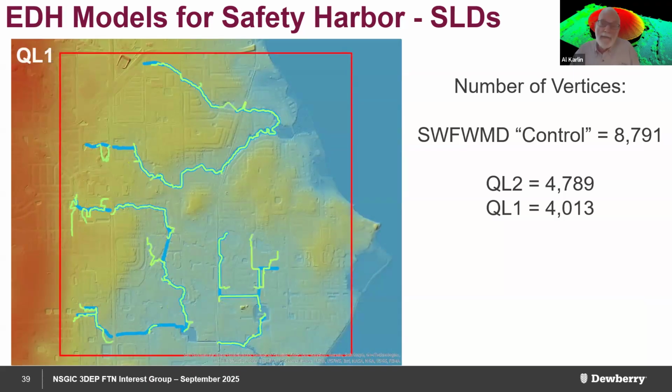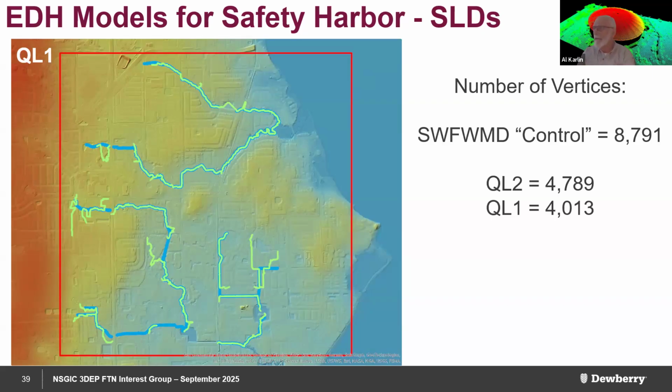You can see that the geometry is pretty similar. When I looked at the number of vertices in my control, again just in those dry drains out in the upper reaches, I found a little bit over 8,700 vertices.